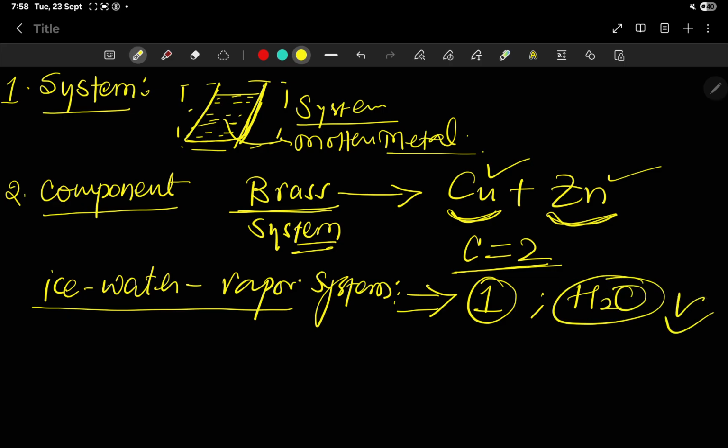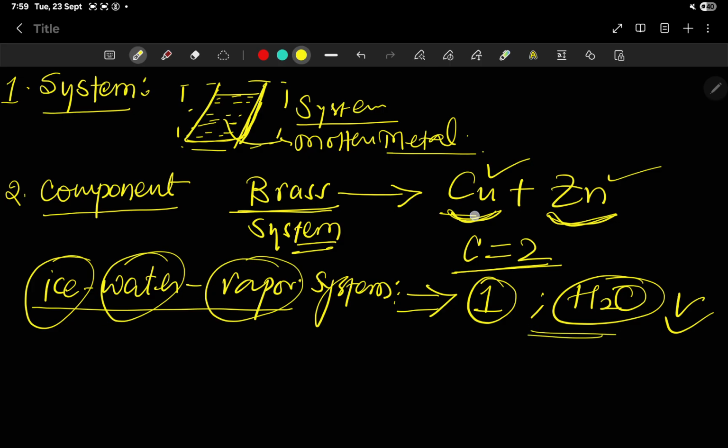H2O. Here the component will be one. It is all composed of H2O, but in the brass case you can see copper and zinc are two different elements, right? So a component can be either an element or a compound, right? So this is one point.